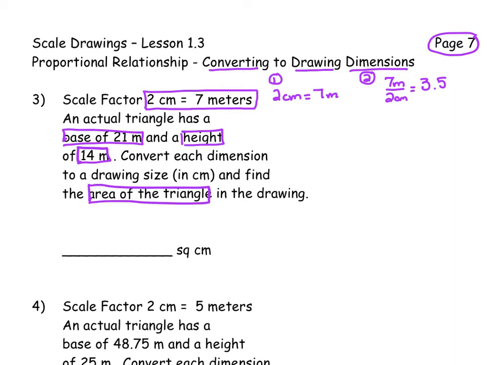Well, we're going to need to convert, so we're going to use our table. So in step 3, we set up a table. X stands for centimeters, Y stands for meters, and of course, we're working backwards in our table, so we're going to be dividing by the rate 3.5.